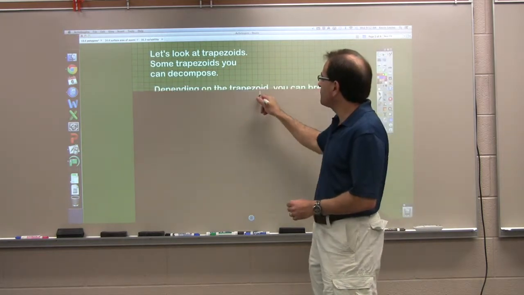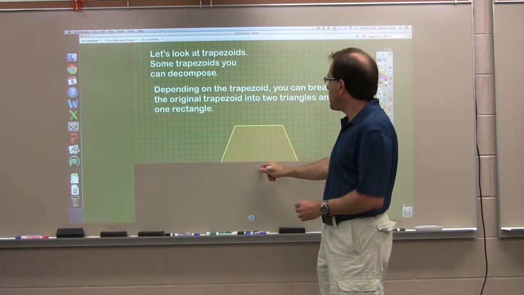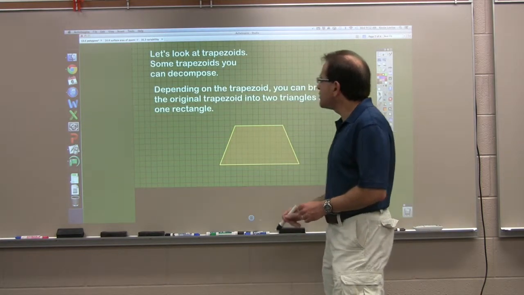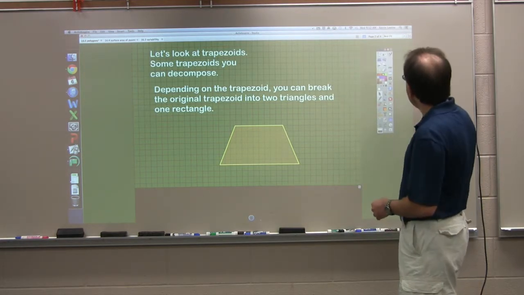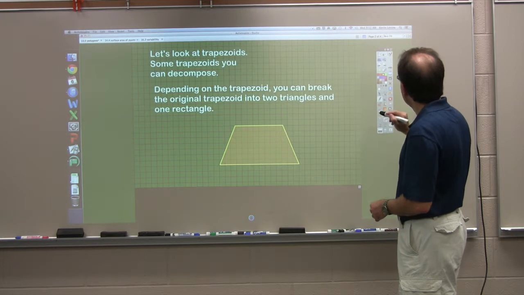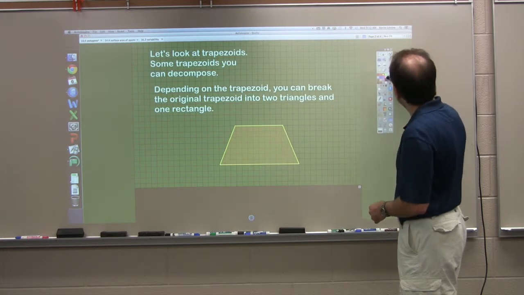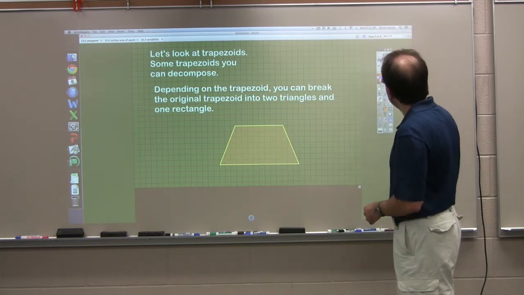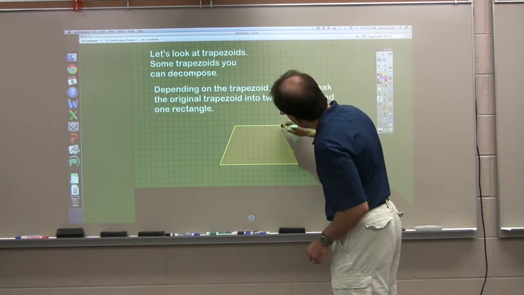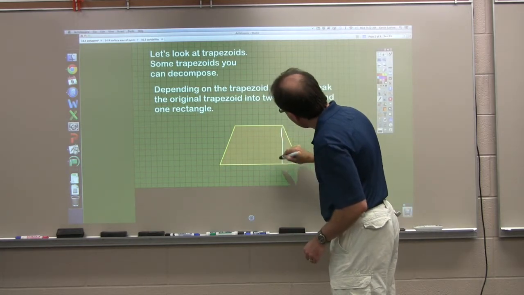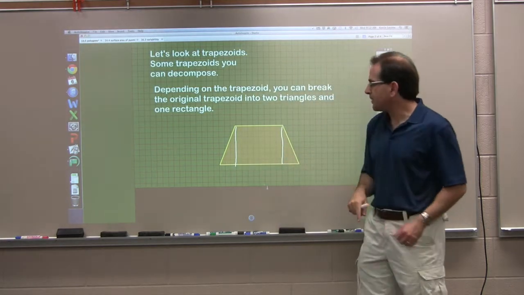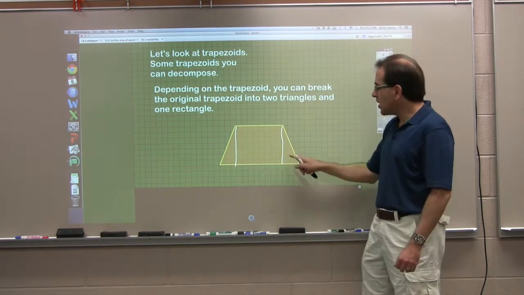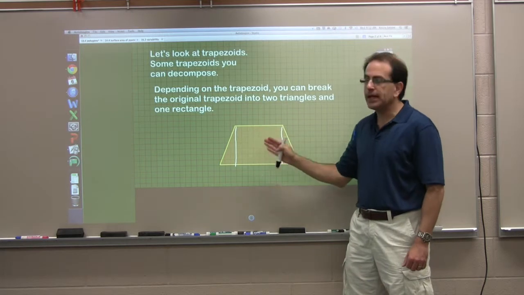Let's take a look. I've got a trapezoid here, and I can break it into some different shapes. I am essentially making 3 shapes here: a triangle, another triangle, and a rectangle in the middle.